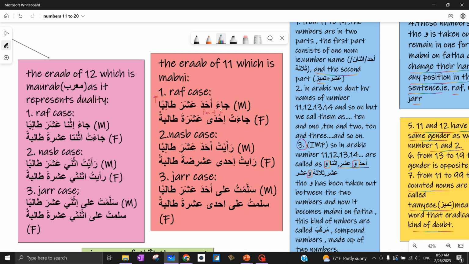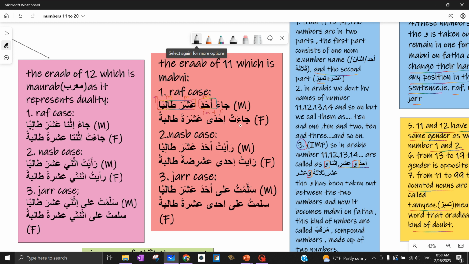So ja'a ahada ashara taliban. Now you see, everything is male. The number is male. Ashara, the second part, is also male. The first part is male, as we discussed before, and the second part is also male. I'll take black ink in case you don't see. So the first part is male and the second part is also male.